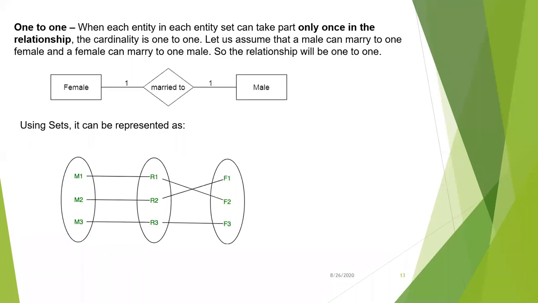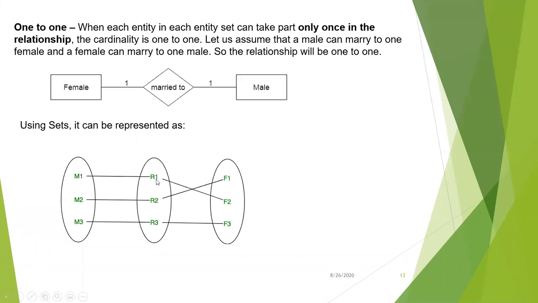Here the left side is one participation and the right side is one participation. So now we can define it as a one-to-one relationship.